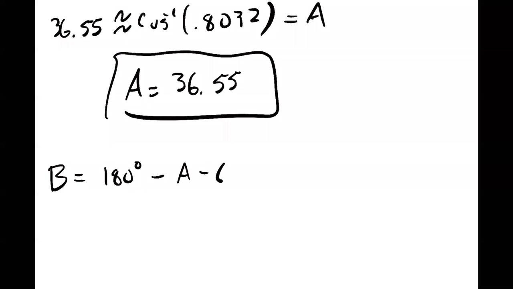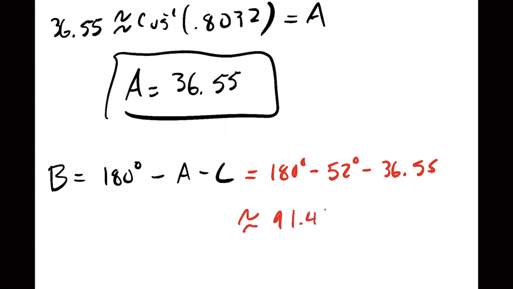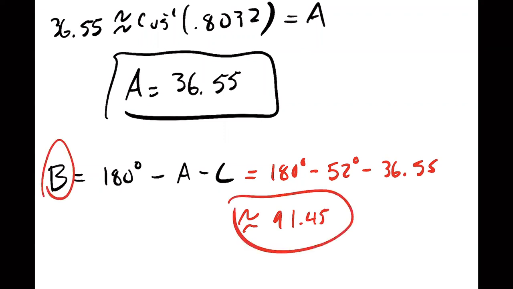So minus A minus C. So plugging in what we know for A and C, we'll get 180 degrees minus 52 degrees minus 36.55. And this is about equal to 91.45. Okay. And so we're done here.